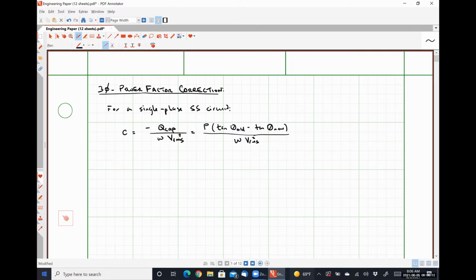So let's work an example, kind of feel out what the relationships are.